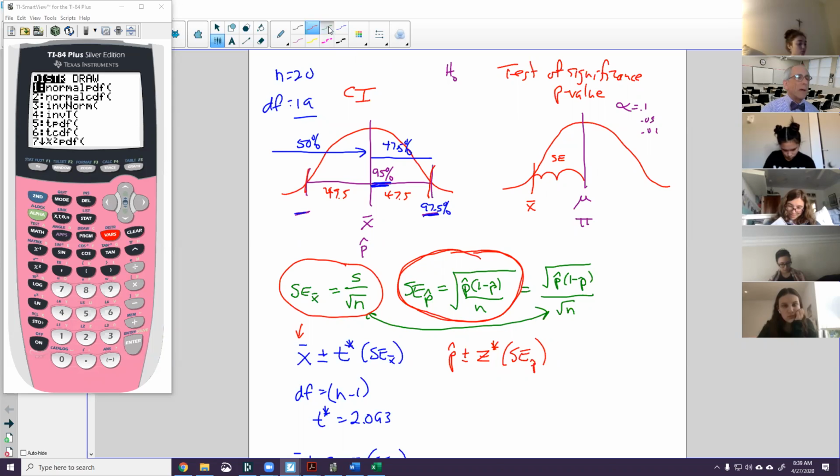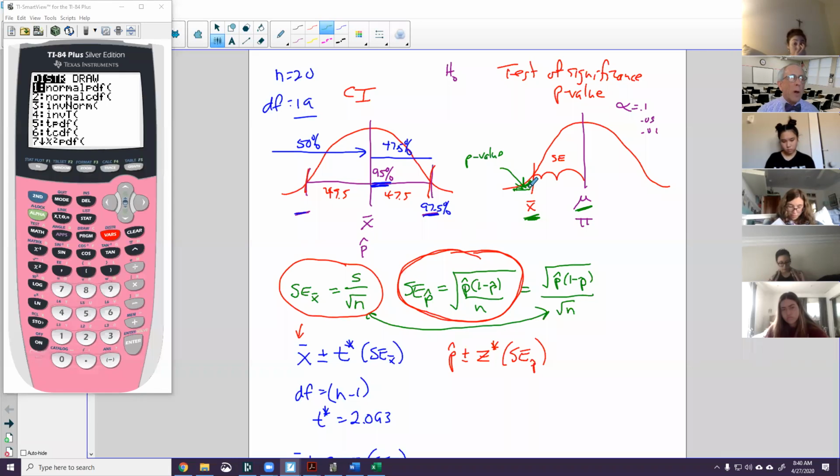Then what I'm trying to find out for a p-value is, how big is this little piece over here? This is my p-value. If this little piece right here is really tiny, then it's saying it's very unlikely that I could have gotten this statistic from my data if this was really the population mean.